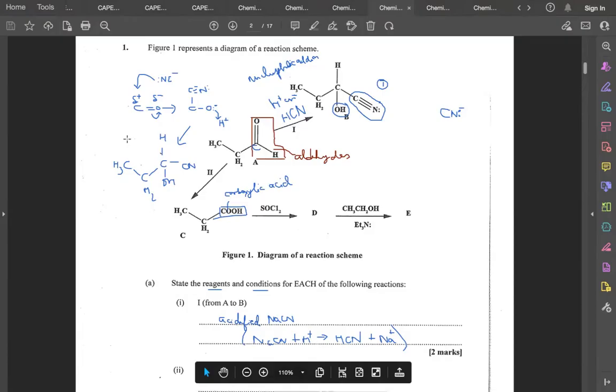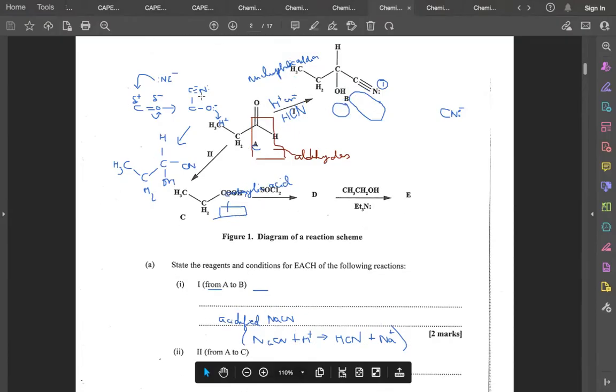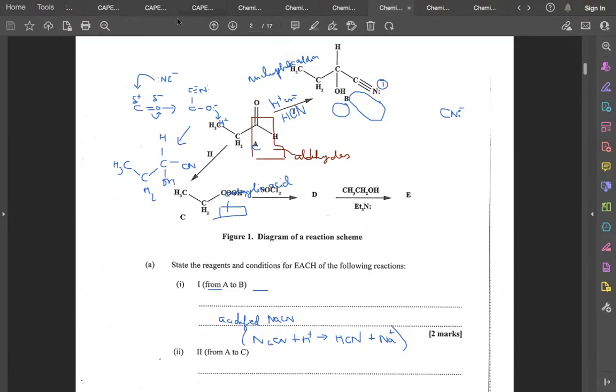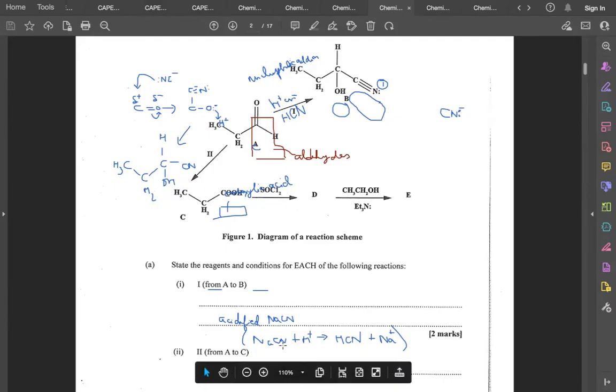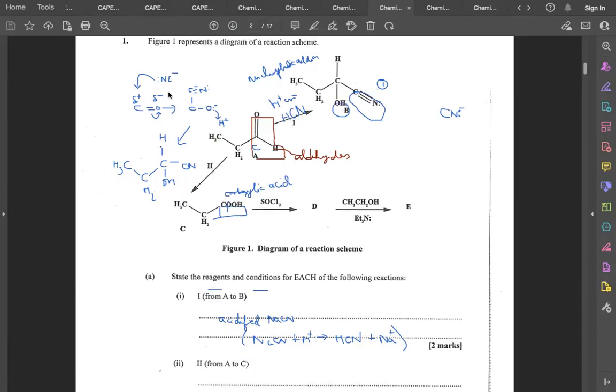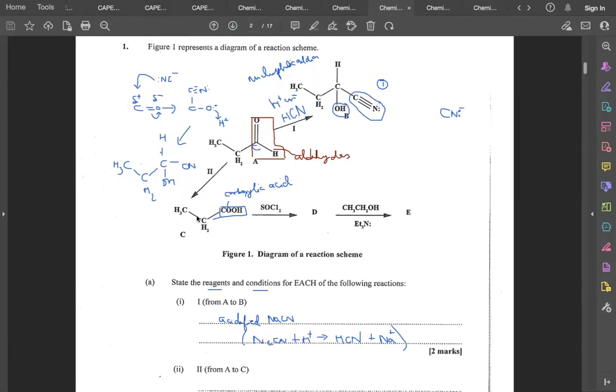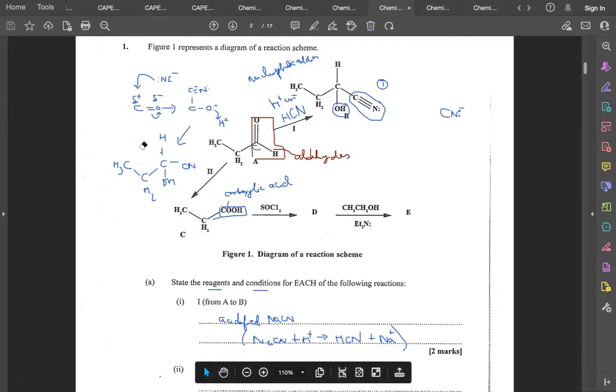Let me scroll up a little bit here. Okay, so I need potassium dichromate. What conditions do I want to do that reaction under? Acidic. Okay, so acidified potassium dichromate or potassium manganate, either one works, right? Let me go back up here and write it here. Let me erase this cyanide stuff first, so I have more space here.